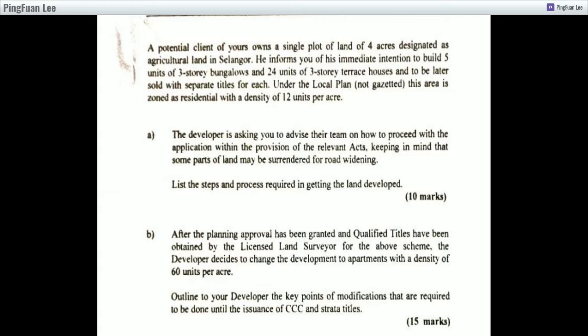So if you start QT, you still can't get the land developed because you didn't submit Form B. For a case where you draw it up to CCC, it's going to take a lot of time. Five more minutes. Extra 5 minutes.